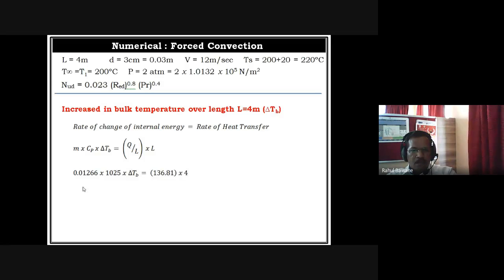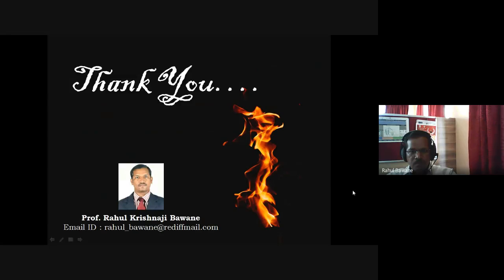So m is 0.01266, Cp is given, 1025, delta T bulk we have to calculate. Then Q by L, 136.81, we calculated in the first part, multiplied by the length of the pipe, 4 meter. So we get the value: the bulk temperature rise is 42.172 degrees centigrade. This is our answer. So thank you.